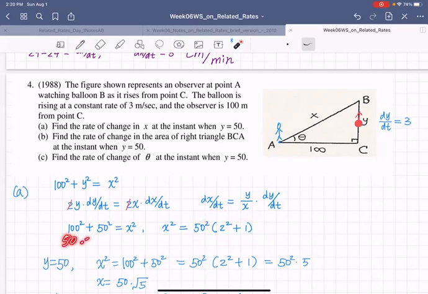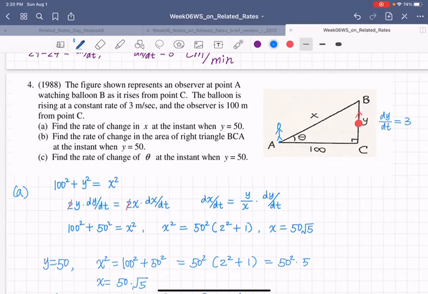This is 50 squared times 2 squared plus 1, right? Yeah. So x squared equals this. Okay. So x equals 50 squared times 5, that's 50 times square root 5.